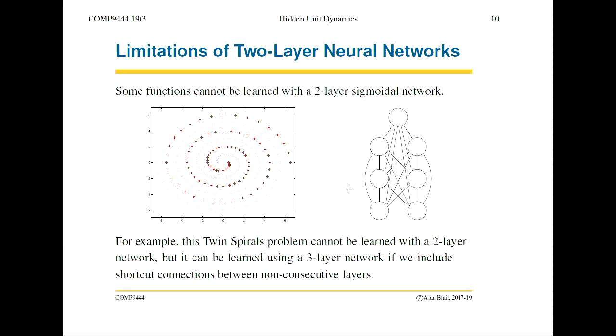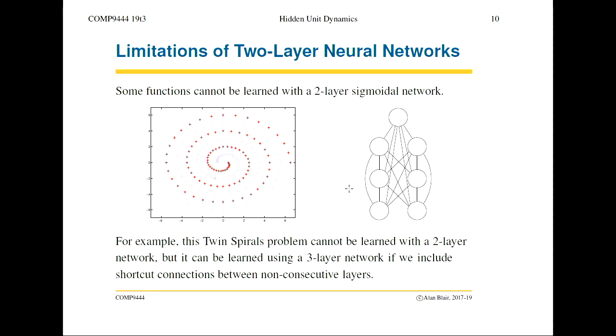So as I mentioned, back in the old days, people tended to use these two-layer neural networks, but two-layer neural networks are limited in what they can compute. As we mentioned, a one-layer neural network can only learn a linearly separable function.